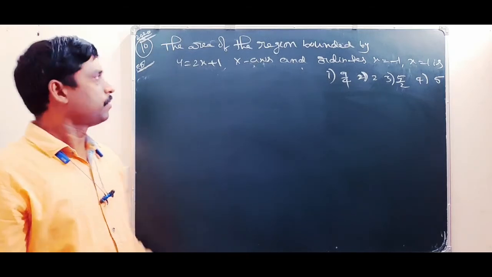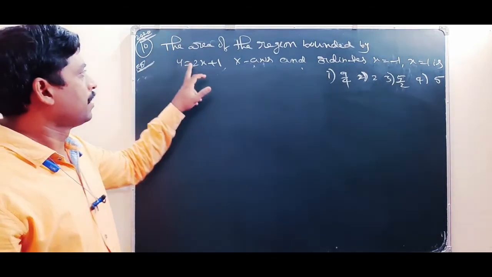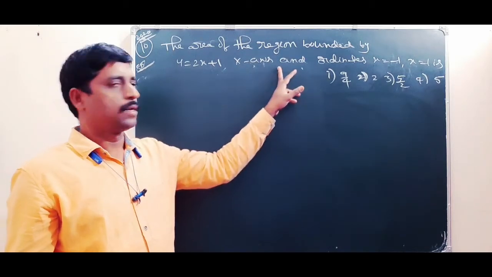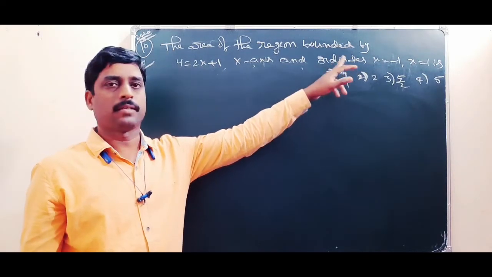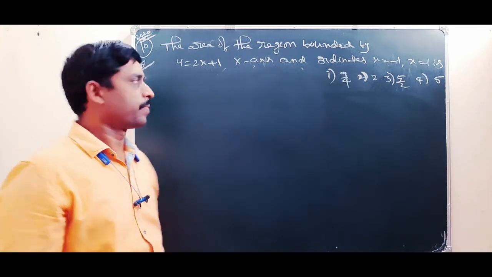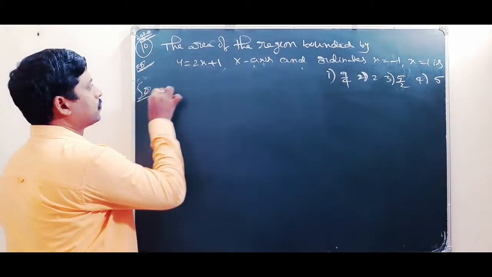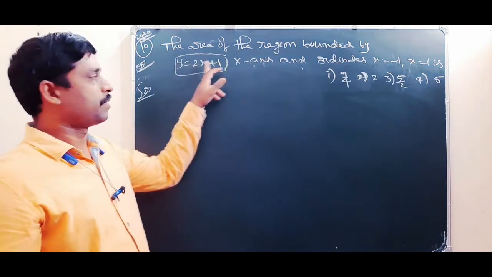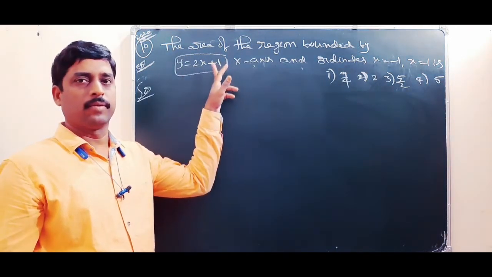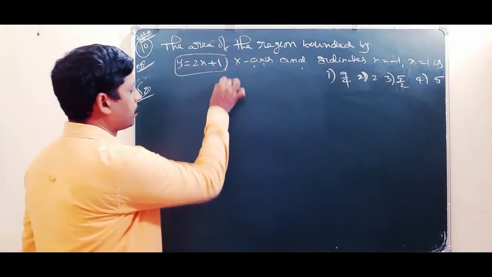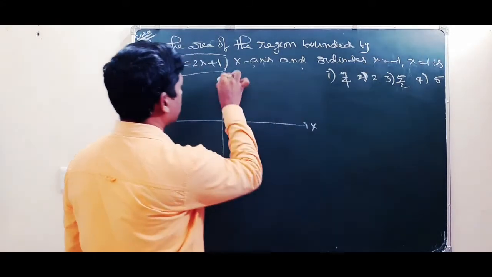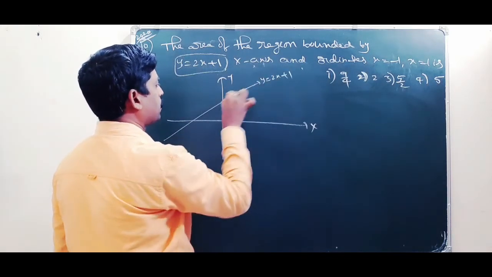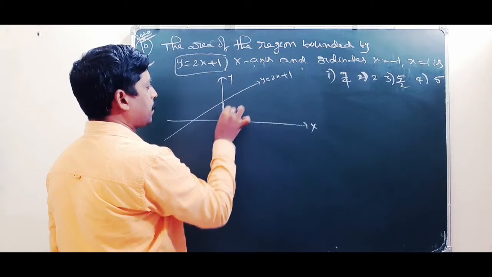Let us go to the next problem. This is from the 2020 question. The area of the region bounded by y is equal to 2x plus 1, x-axis, and ordinates x is equal to minus 1 and plus 1. Okay. So y is equal to 2x plus 1. On comparing with y is equal to mx plus c, where c value is 1, the y intercept is 1. So let us draw the x and y axes. The y intercept value is 1.